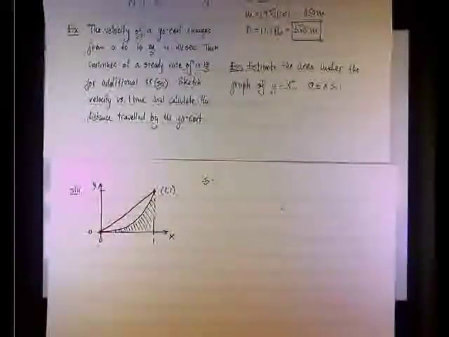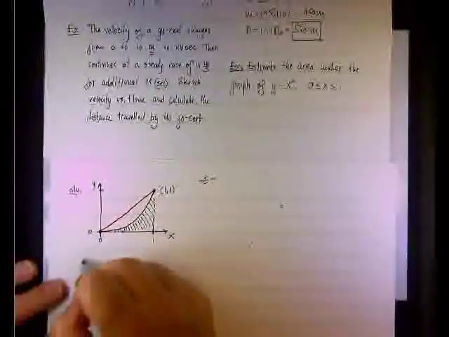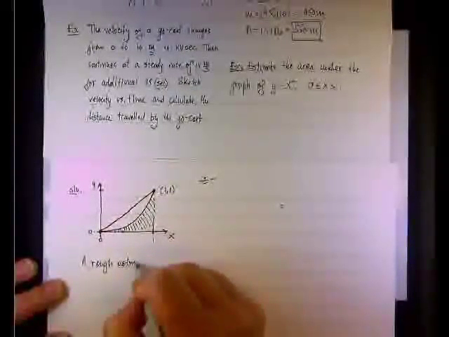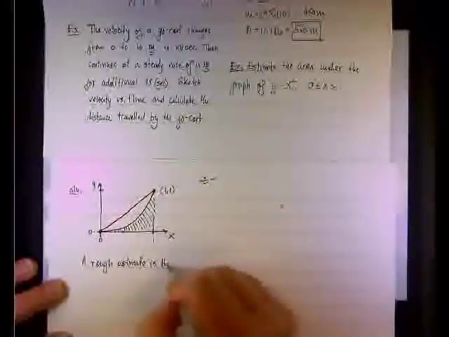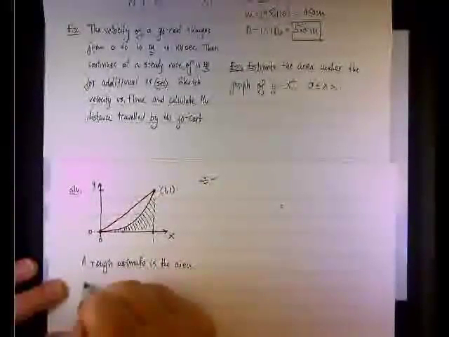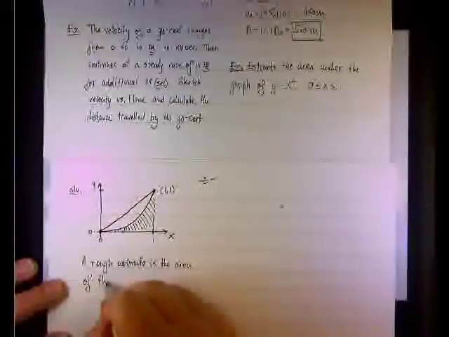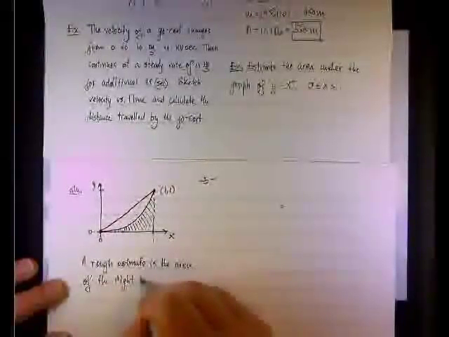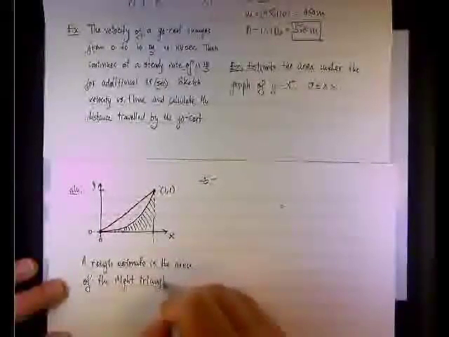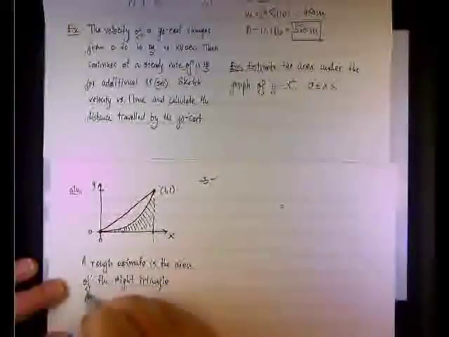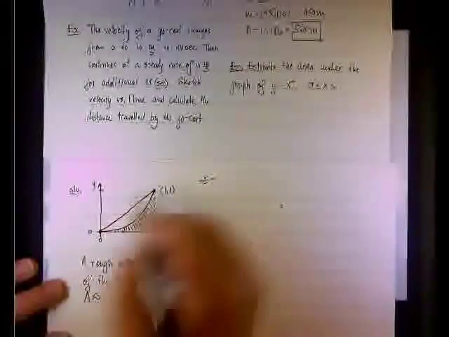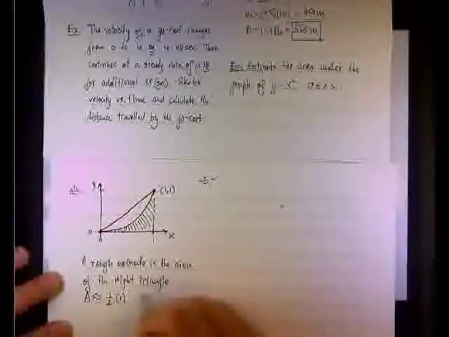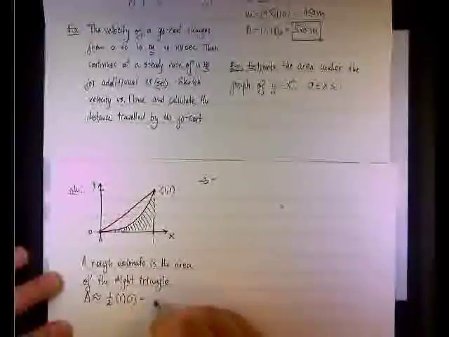I'll say that a rough estimate is the area of the right triangle. So we're going to say that A is approximated. And what is the area of this triangle? Well, it will be 1/2 base times the height, but both base and height equal 1. So it will be 1/2.